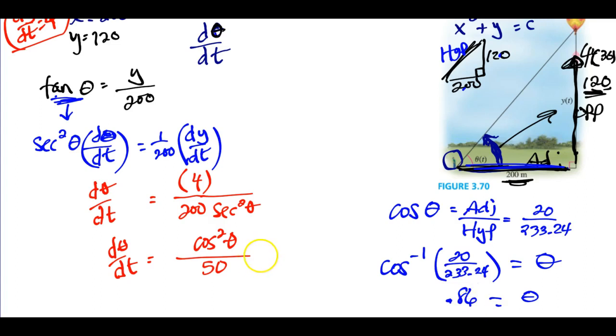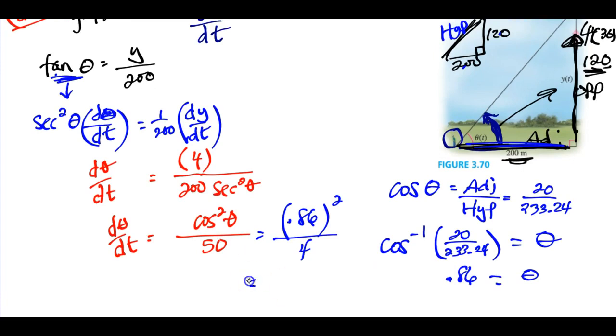If you can't get that, email me, and I'll show you how to get that on your calculator. Second, cosine of that. So I want to do cosine of 0.86. Remember, you have to square it and divide by 4 to get dθ/dt, which I think is somewhere around 0.015 radians per second.